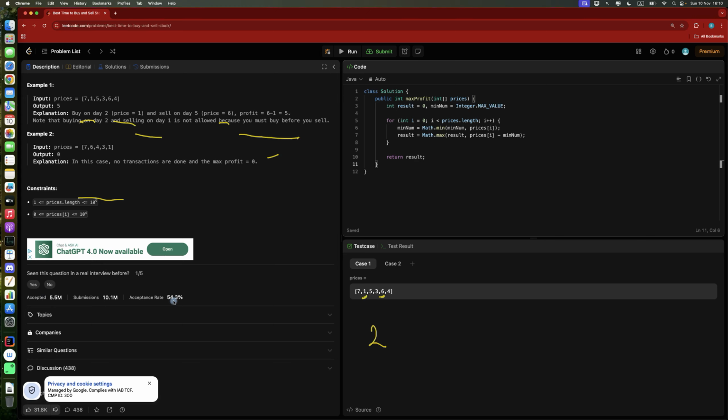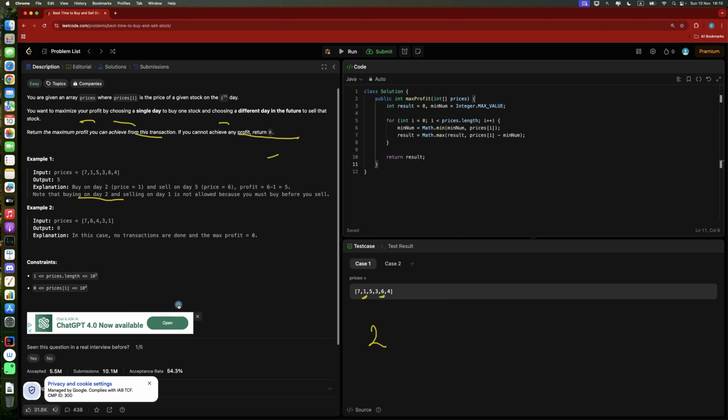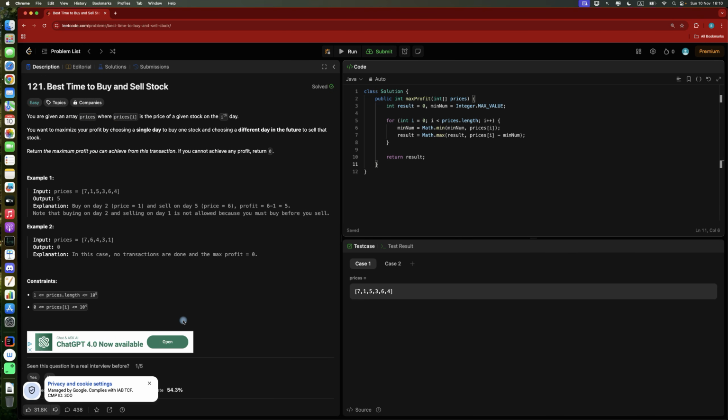And this is less than the other question. And how do we solve this? We keep track, here it's not greedy, but we keep track of the minimum number. We define a result and a min number with an integer max value.